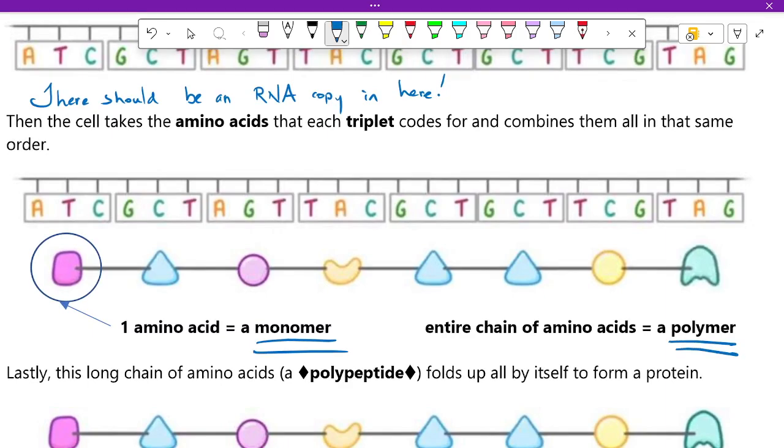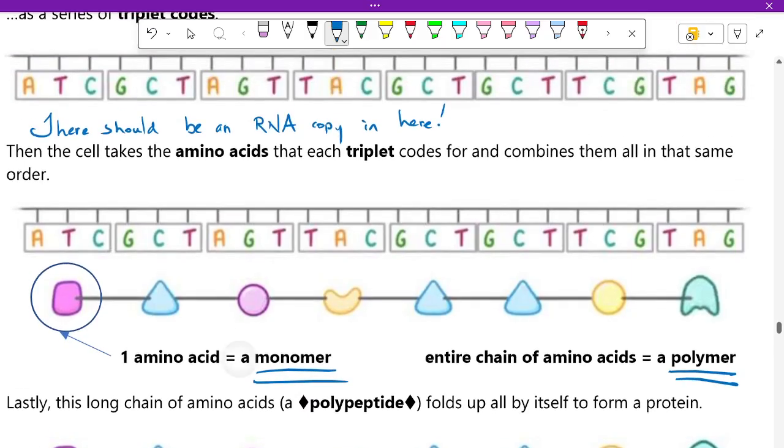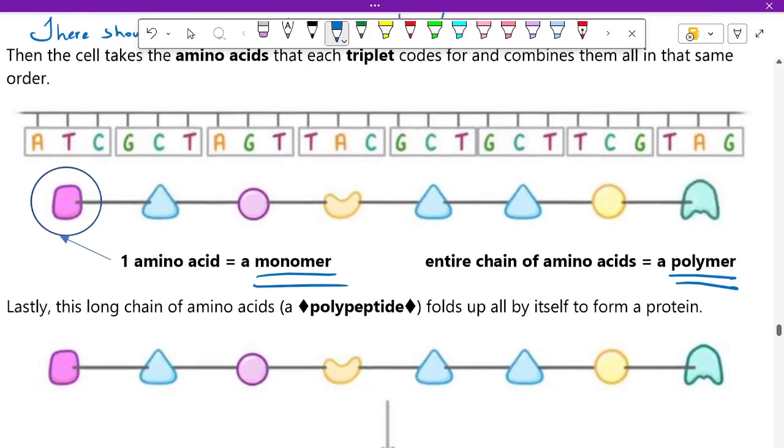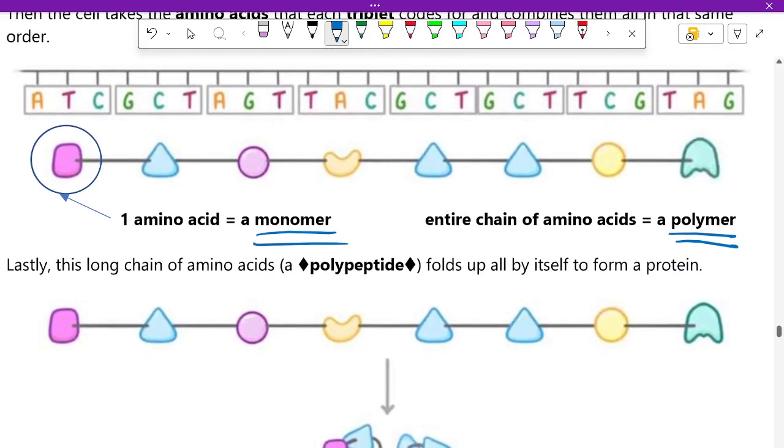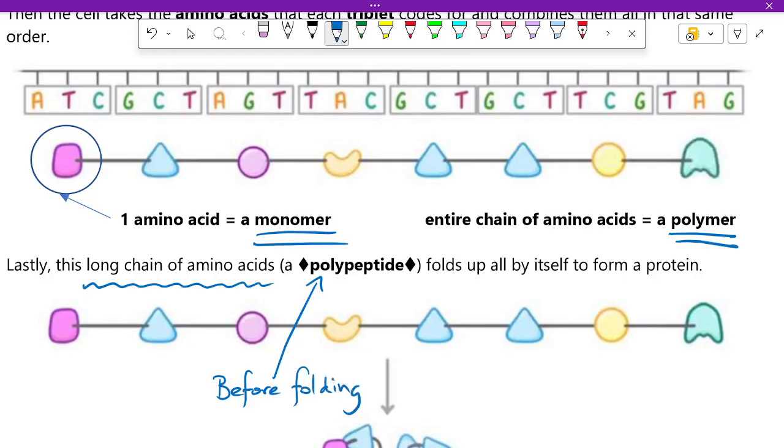And that polymer, don't worry, there's another section where we actually have the RNA copy shown, okay? And there's an enriched word, if you would like to know, before the protein folds up, the long chain of amino acids, before it folds up, is called a polypeptide.